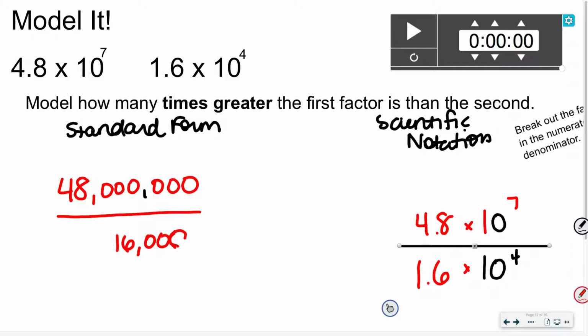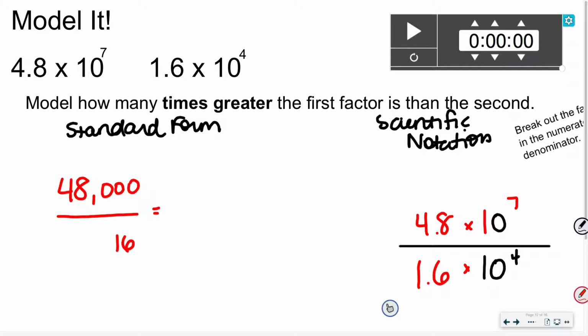For those of you that simplified this and divided it in standard form, that's what you do. So if you first simplify by dividing out 1,000, these zeros would pretty much eliminate from your fraction. I divide out the 1,000. I'm actually left with 48,000 divided by 16. Now what? Now, divide them.